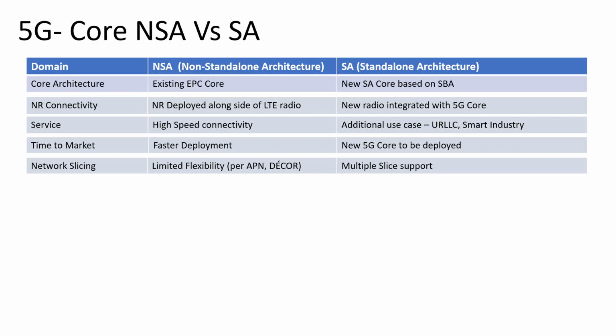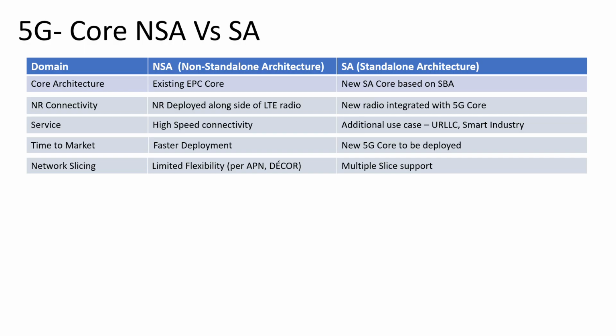But in case of standalone architecture, there is a separate slice you can create end to end from core to transport to radio, and you can allocate the resources so that you can give a dedicated bandwidth or different treatment for different use cases. If it is low latency, you can give the network a different network slice.